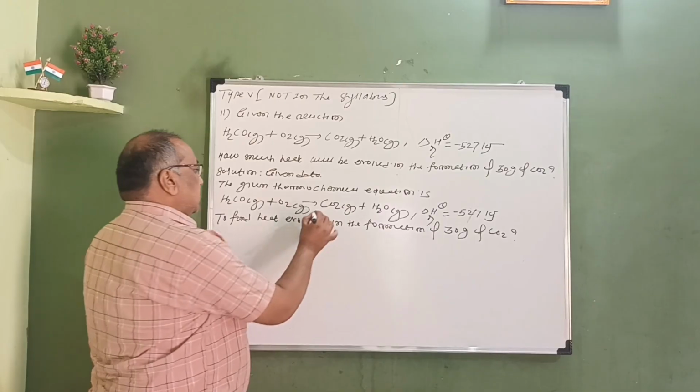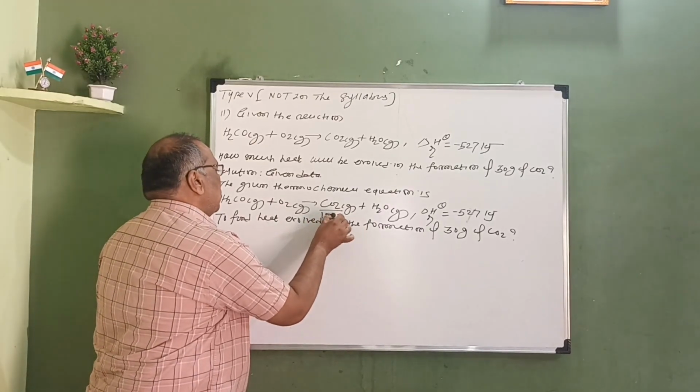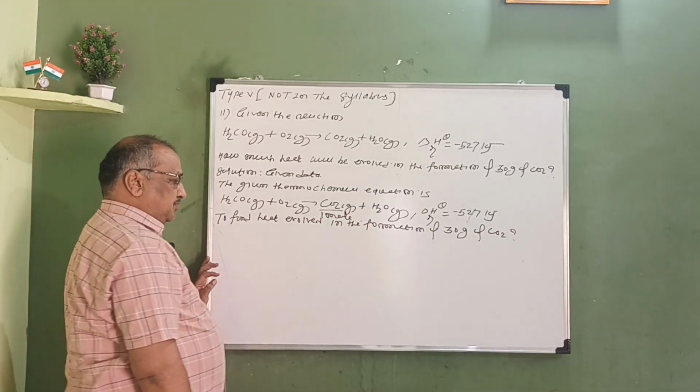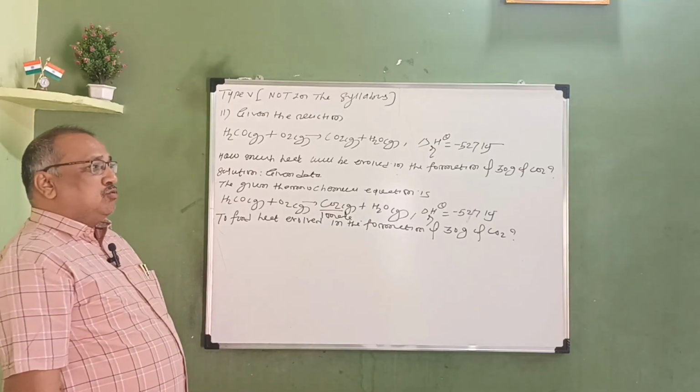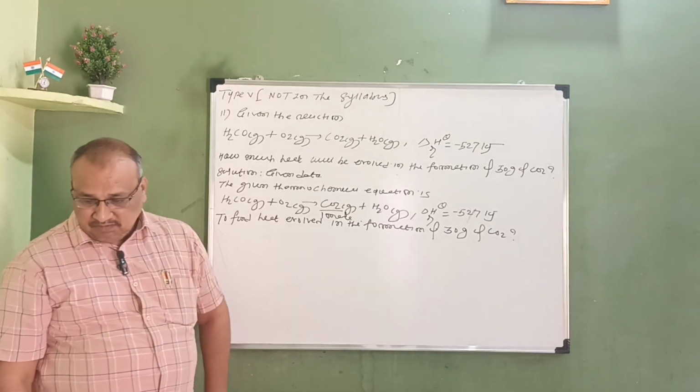Now here let us observe the reaction. Here 1 mole of CO2 is formed, and when 1 mole of CO2 is formed, heat evolved is equal to 527 kilojoule.